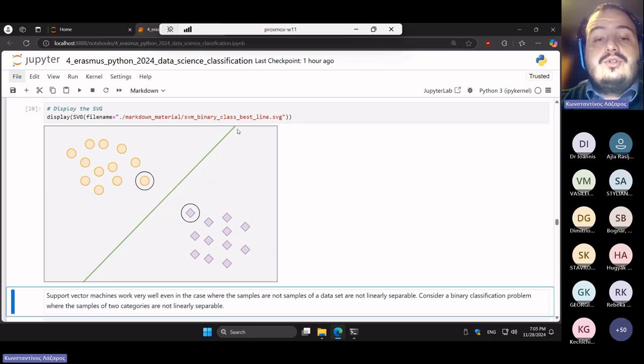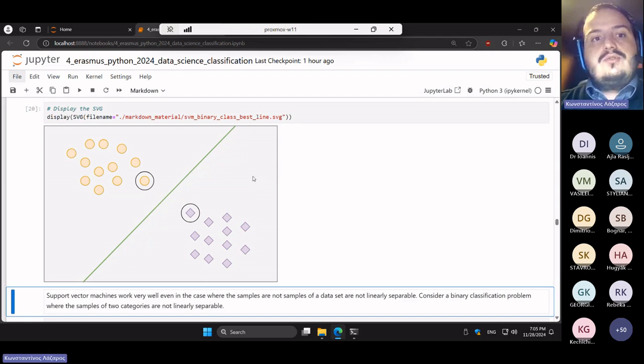Because in order to make this choice, the algorithm will also take into account the samples that are closest to this line. And the algorithm will pick the straight line that is able to have an equal distance between the closest points, so that it can ensure that it's going to have the furthest possible distance for all other points as well.